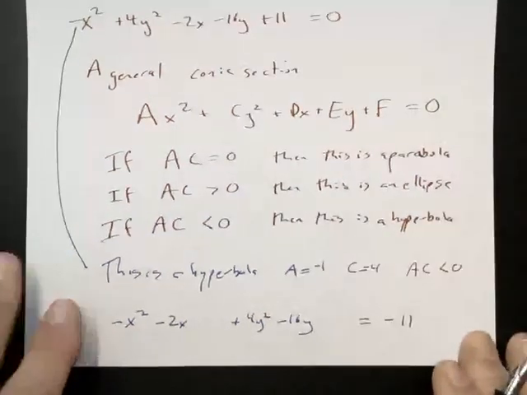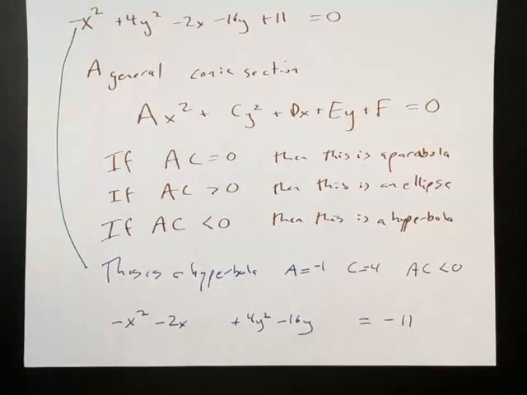So I do the same thing we did last time. I throw the number all alone to the other side. I put the x bits together. I put the y bits together. And we go to town.